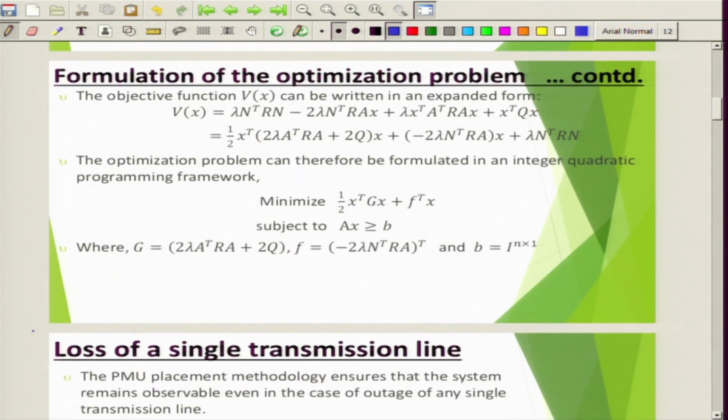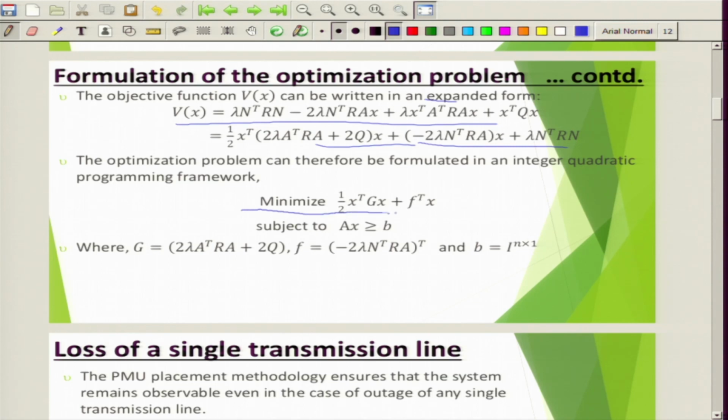So the objective function V of x can be written in an expanded form. If you just expand the previously defined form, you will get it like this, and further deduction will yield an expression like this. The optimization problem can therefore be formulated in an integer quadratic programming framework.